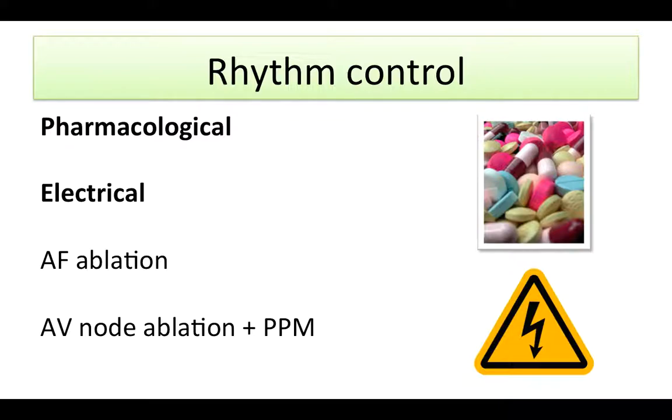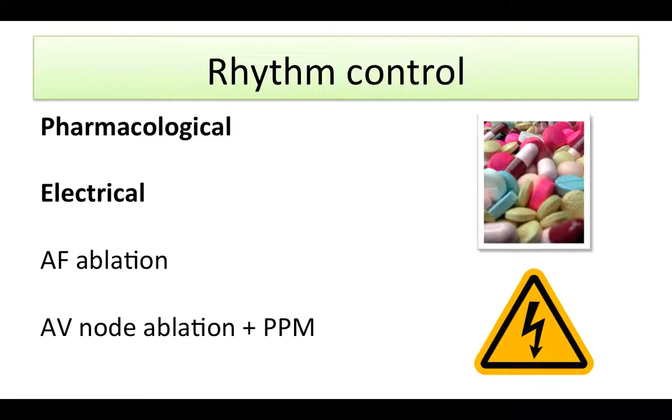There is a very drastic treatment for atrial fibrillation called an AV node ablation, and you essentially render the patient in a state of complete heart block because you ablate the AV node.